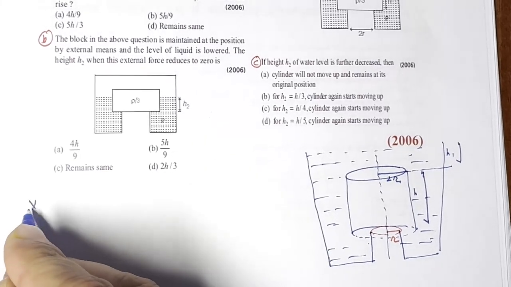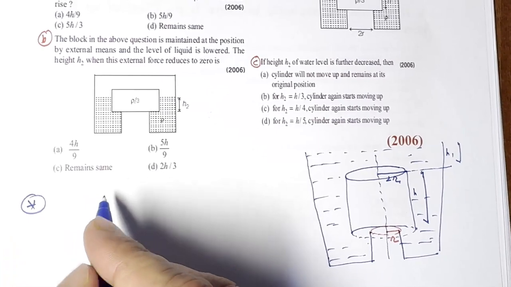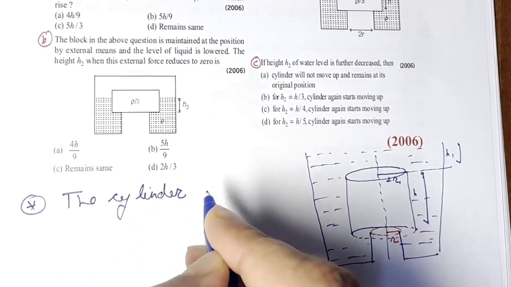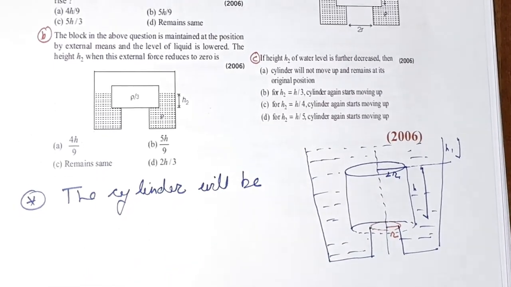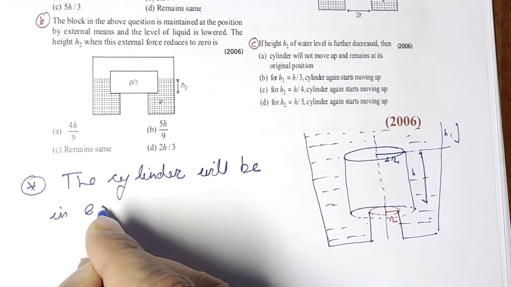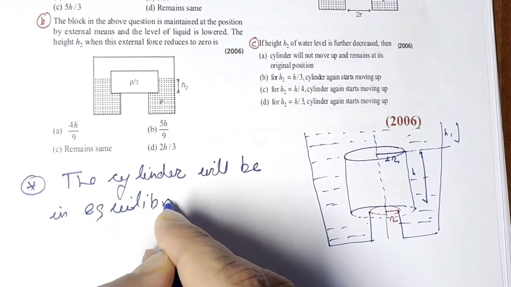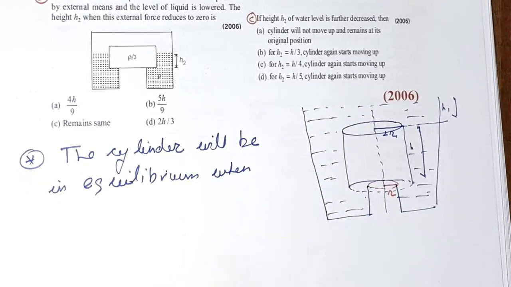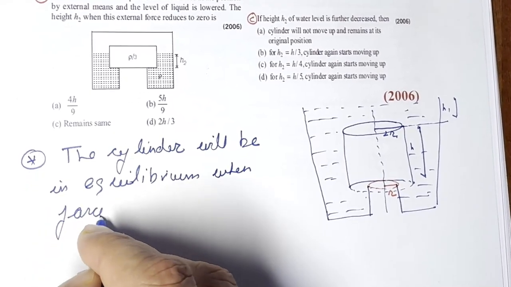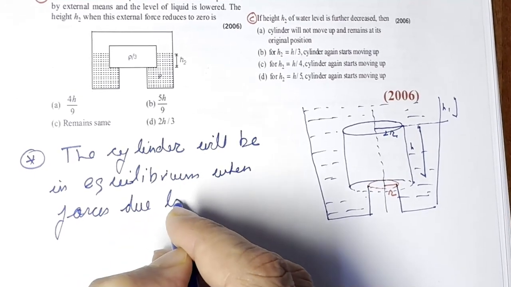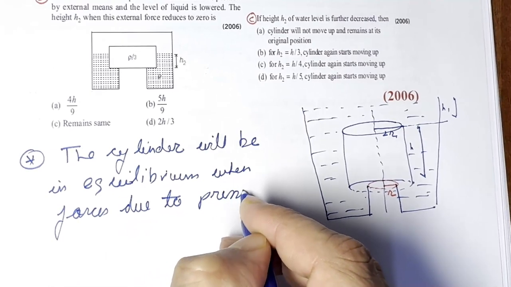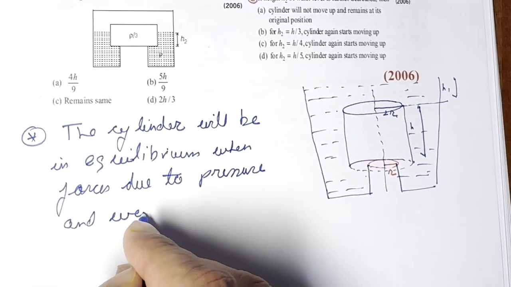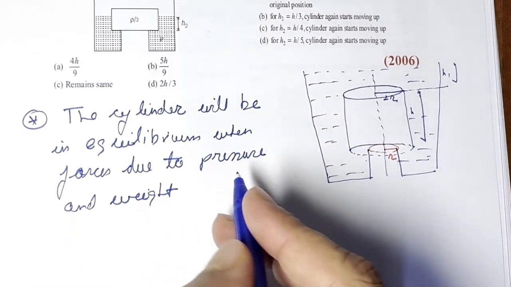So you can say that the cylinder will be in equilibrium when forces due to pressure and weight balance out.